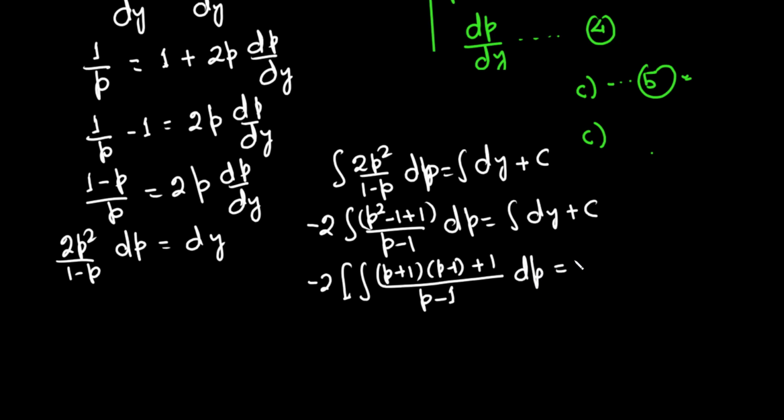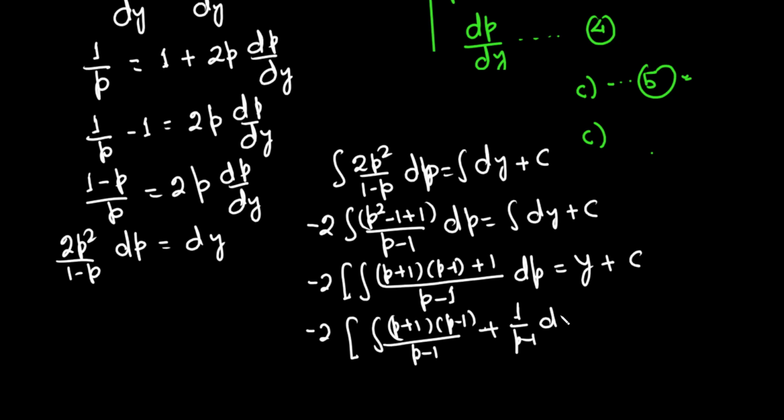Integration of dy is y plus arbitrary constant c. Minus 2 times the integration of this is (p plus 1) into (p minus 1) over (p minus 1). We are separating them out, and this one is plus 1 over (p minus 1) dp, equals y plus c.